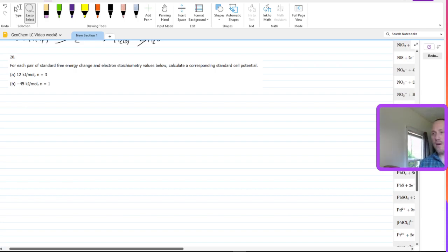Ooh, so now we are stating a standard free energy change. Standard, right? So standard means that. Change is delta, free energy is that. So we're looking for the change in Gibbs free energy in standard conditions for, wait, oh, they're giving us that.